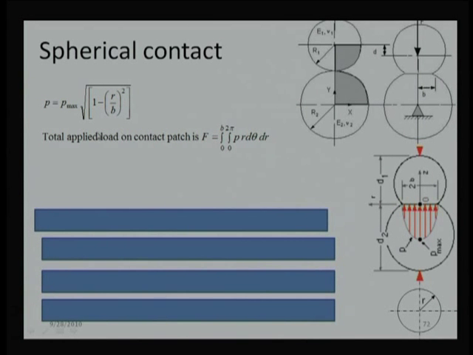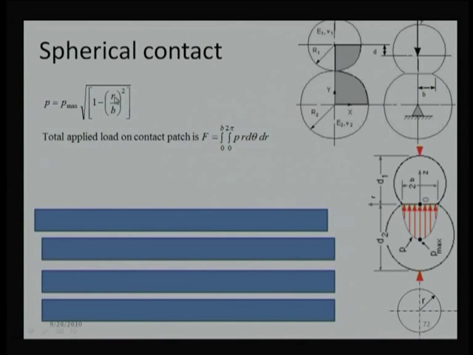For convenience, we start with a parabolic distribution. We say the pressure at any radius will be equal to P maximum, which will occur at the center with R equal to 0, times the square root of 1 minus (R by B) squared. R is going to vary from 0 to B. When R is 0, pressure is going to be maximum.